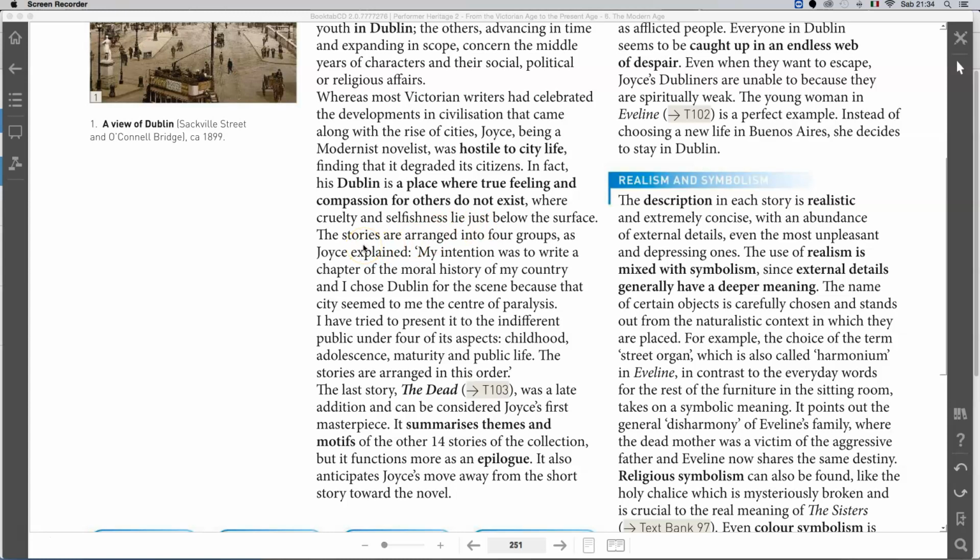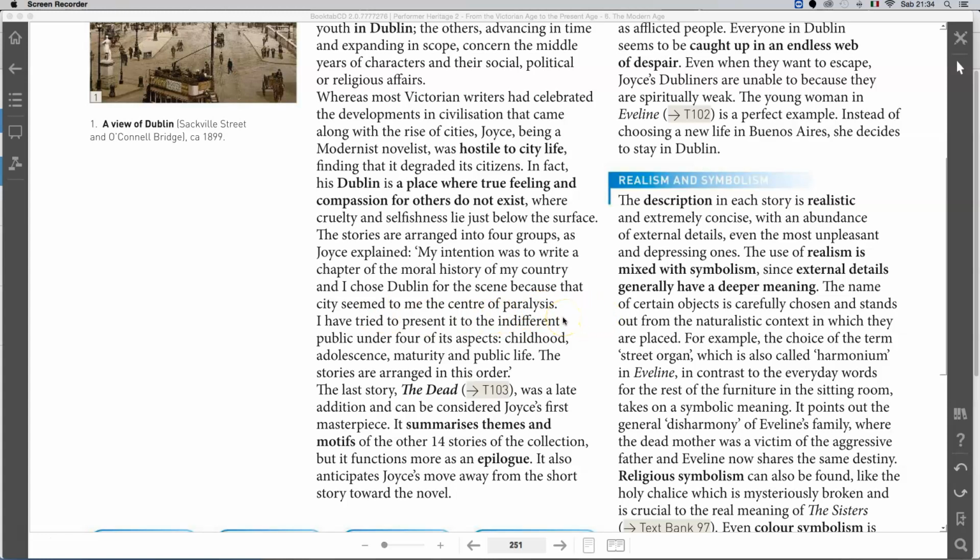The stories are arranged into four groups, and as Joyce himself explained, his intention was to write a chapter of the moral history of his country, and he chose Dublin for the scene because this city seemed to him the center of paralysis, and this is a key word in all the stories described by James Joyce.